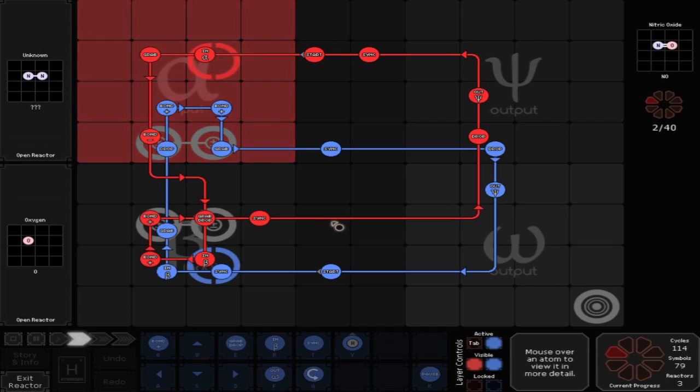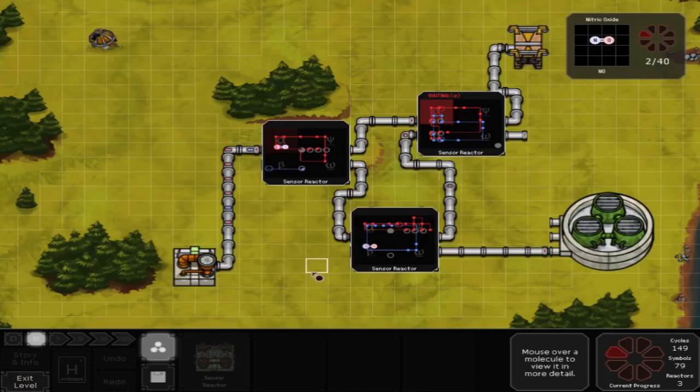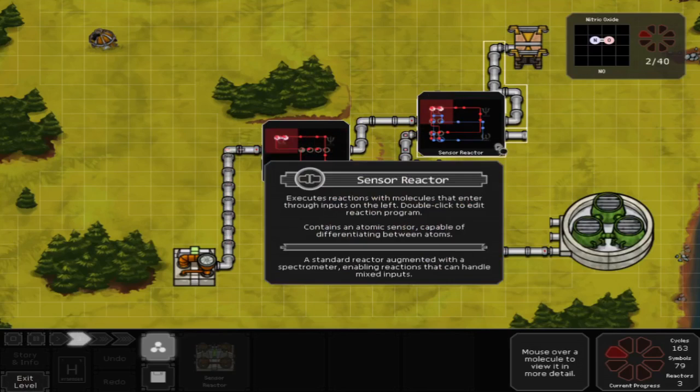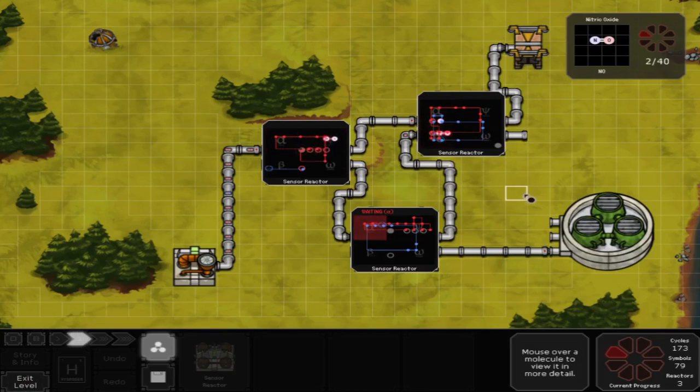Can I see it on a slightly faster speed setting? Whenever is there a clog? No, it's just taking forever for a nitrogen to show up. Oh, there we go. I say that. Yeah, look at that.